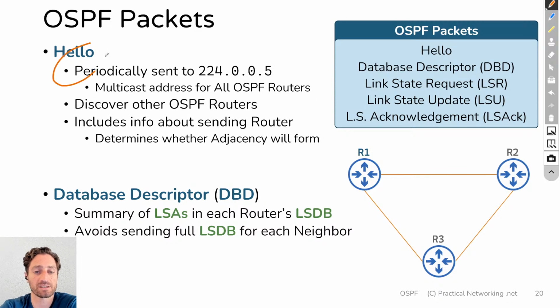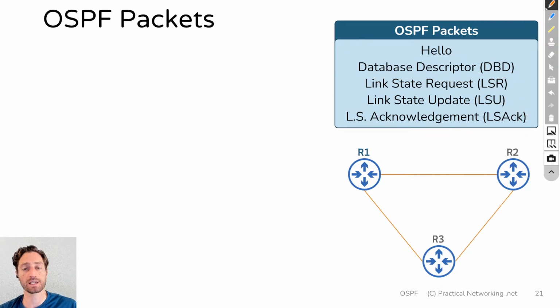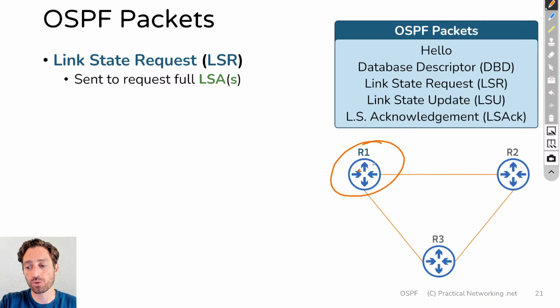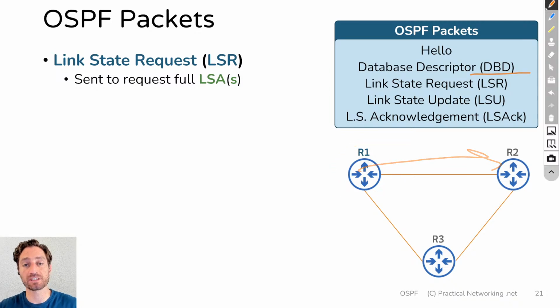With that said, that's the hello and DBD packets. Next, we'll talk about the remaining 3 packets, starting with the LSR, or the link state request. An LSR packet is there to make a formal request for a complete LSA. So what happens is R1 will send a DBD packet with a summary of its link state database to R2.